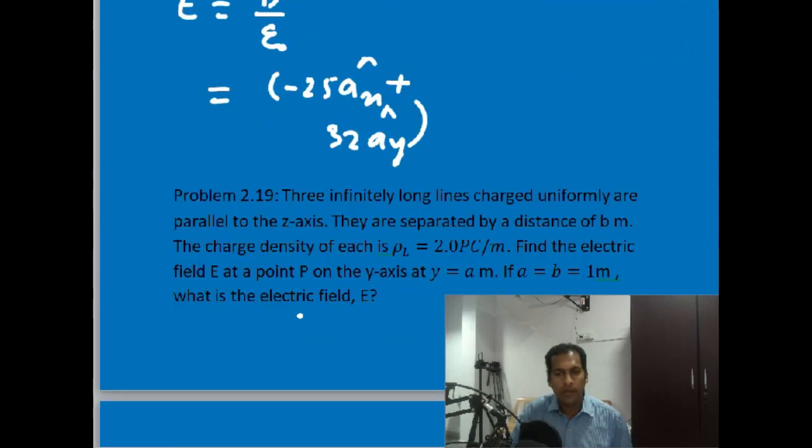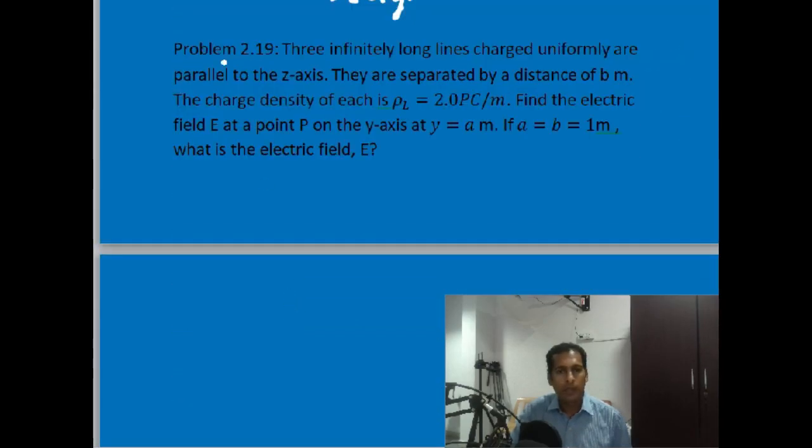Now let us see the next example. Next example is we have three infinitely long line charges, and they are parallel to z-axis.